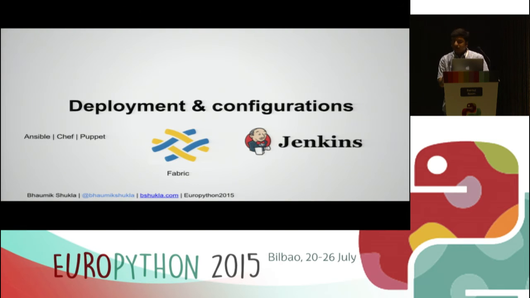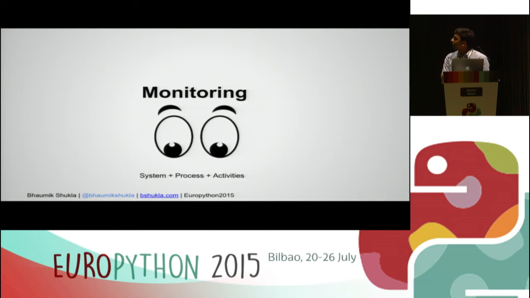After everything is deployed, we should keep our eyes on processes, systems, and activities. We need to monitor the system, like how many nodes are there in our server system and cloud. Each server has its health, and we need to monitor all those things. For that purpose, we use Nagios.